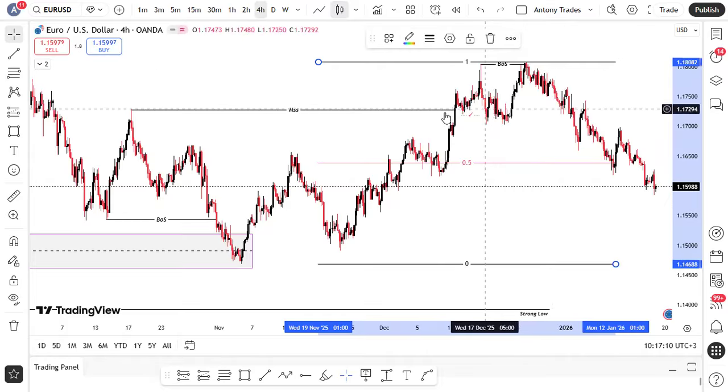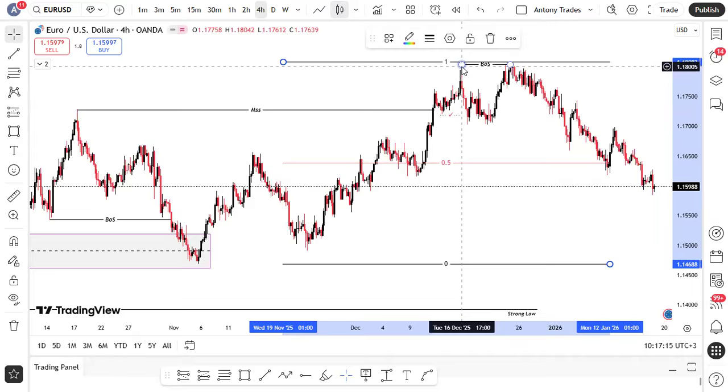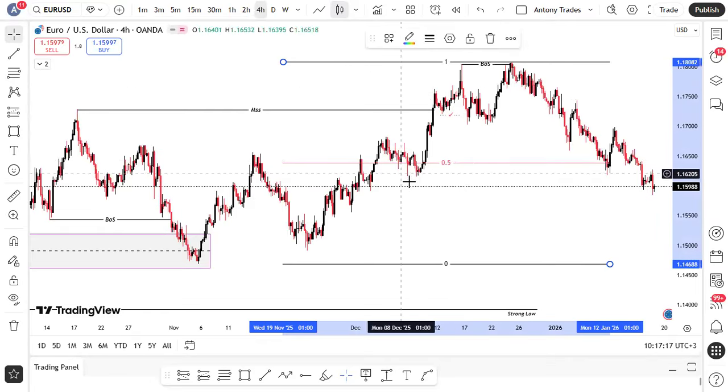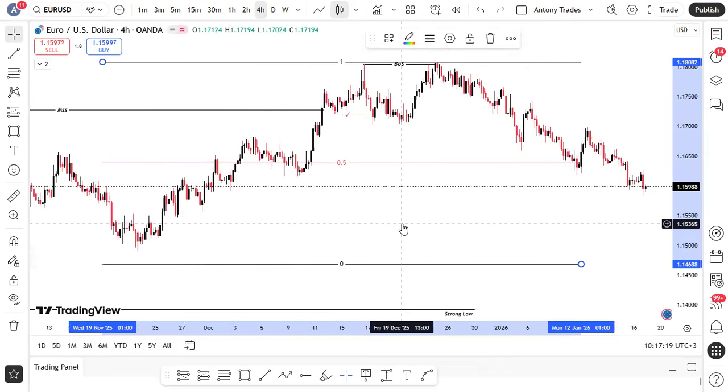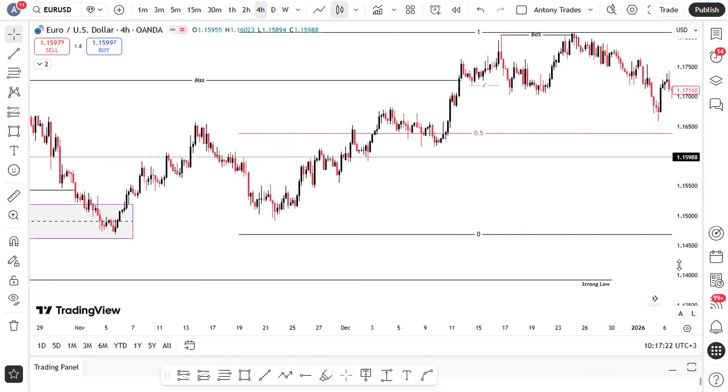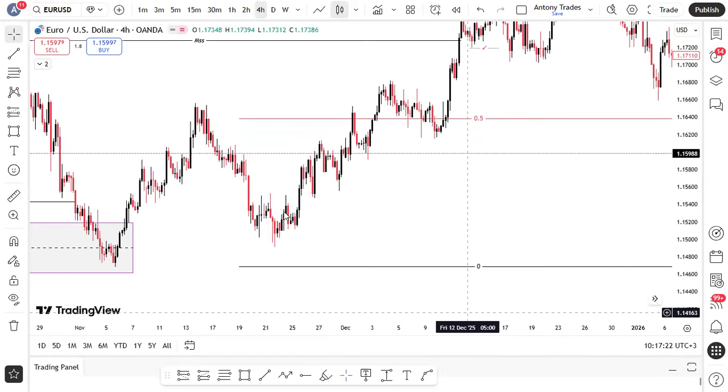But now we have to read the market structure. So I was expecting, when the market was at this point, the market to pull back at least to this area.